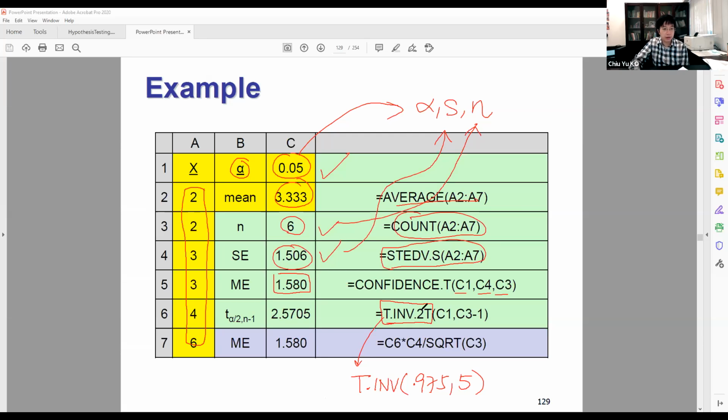When you do two-tail, you can just put alpha. If you have one tail, then you have to divide by 2 in your mind, because this is the two-tail thing. Here again, you can use your own calculation to do it, or you can use CONFIDENCE.T. Is that clear what the CONFIDENCE.T and CONFIDENCE.NORM are? So we learned two things. It's just to construct the confidence interval.